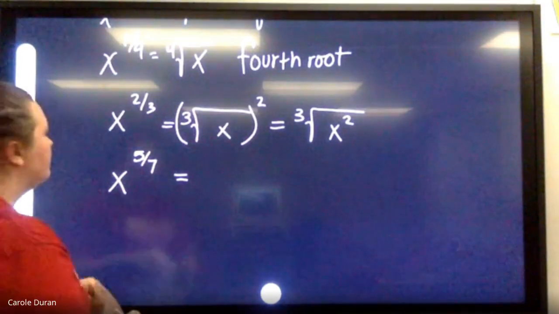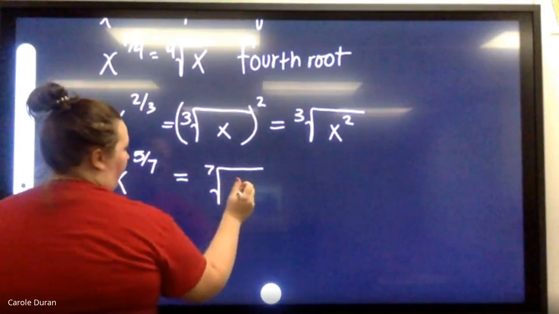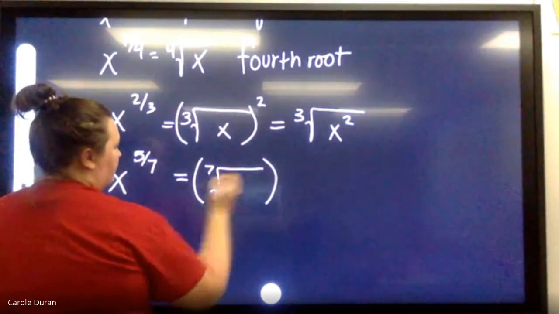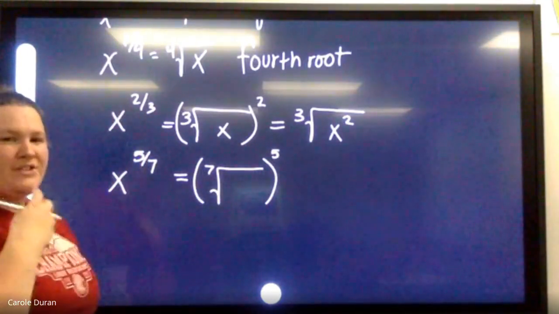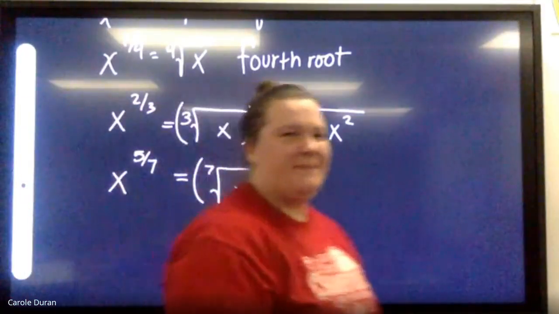I took 7 and put it on the inside of the parentheses, right next to it. Okay. And then I put the parentheses around the equation and put the 5 root up above there. Where's your x? Inside the. Okay, I just wanted to check.